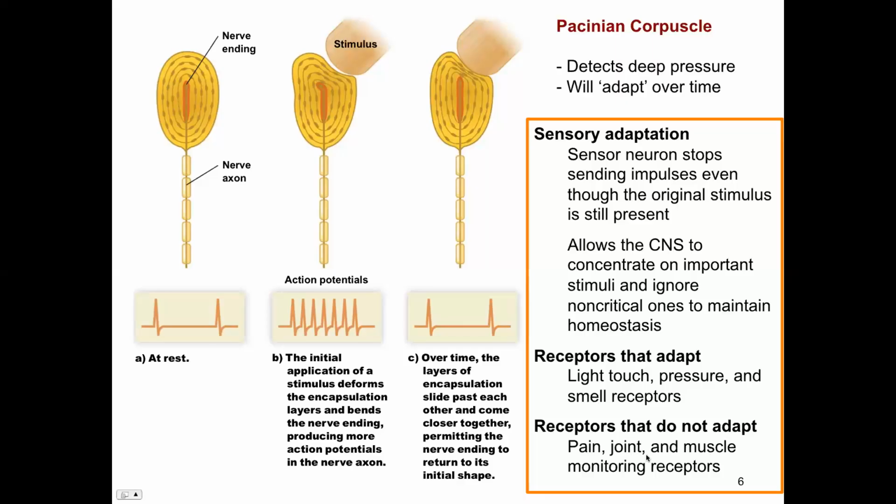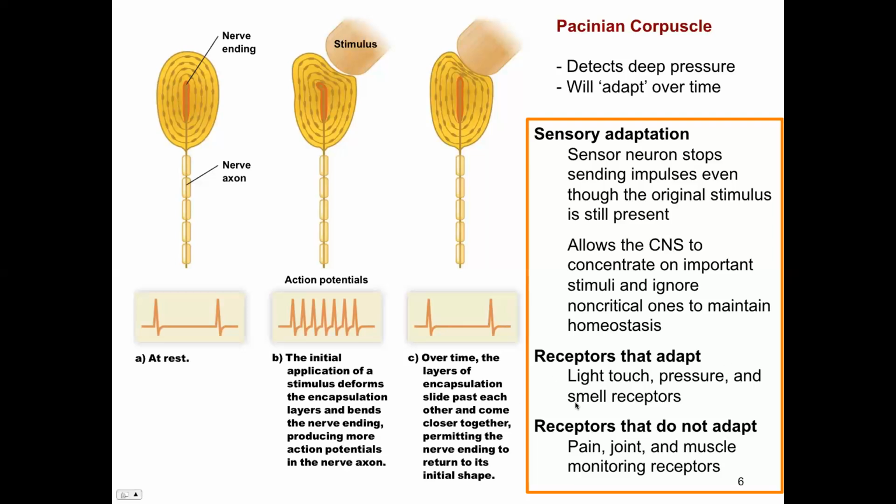We don't adapt there either, because it wouldn't be good if you forgot the fact that you're standing or walking up a flight of stairs. You don't want to forget that. These are the really important things that could influence the well-being of your body. Whereas a light touch really doesn't tend to be something that could be harmful, so you eventually adapt to that, for example, or the pressure from the chair that you're sitting on.